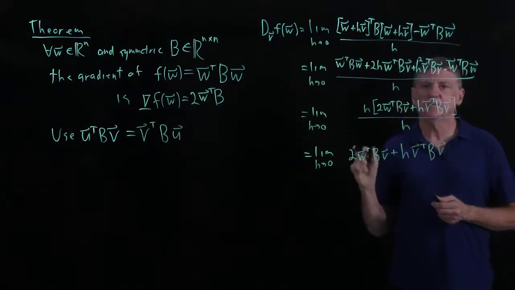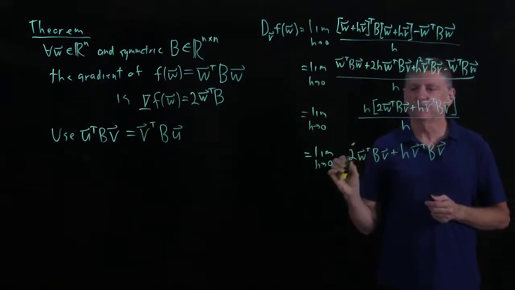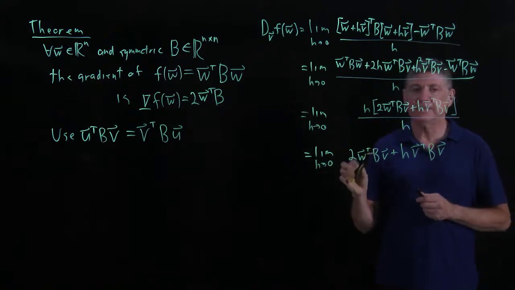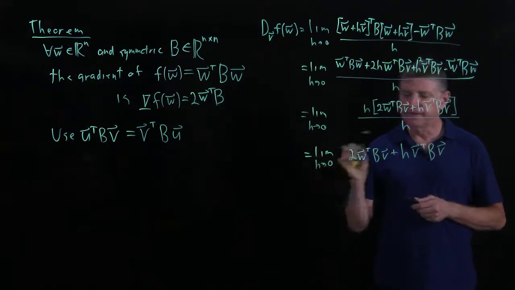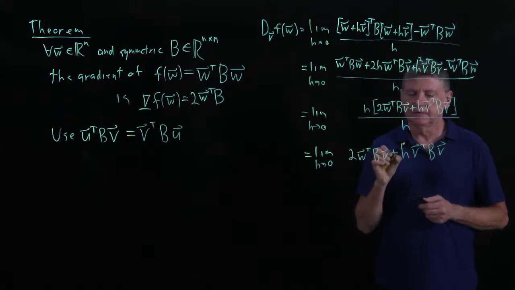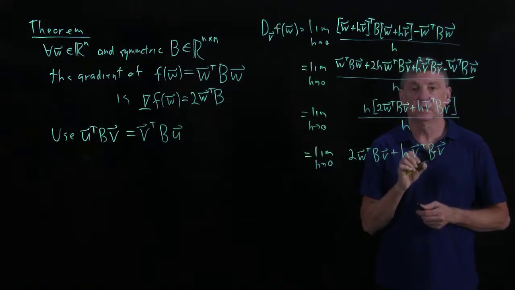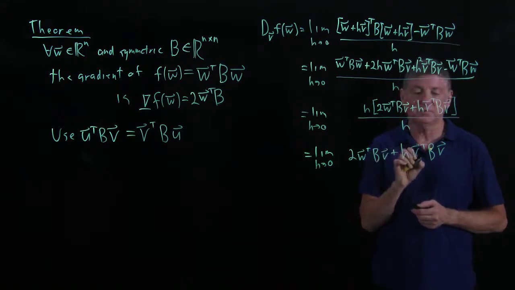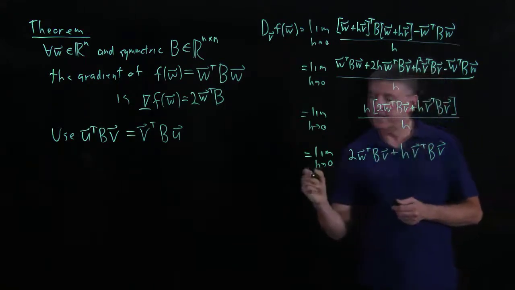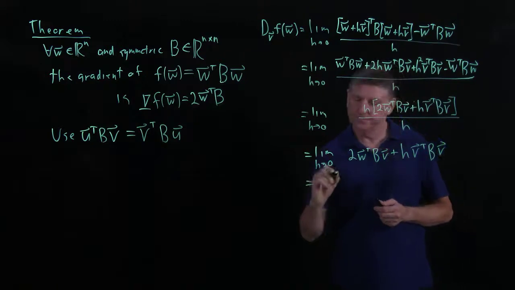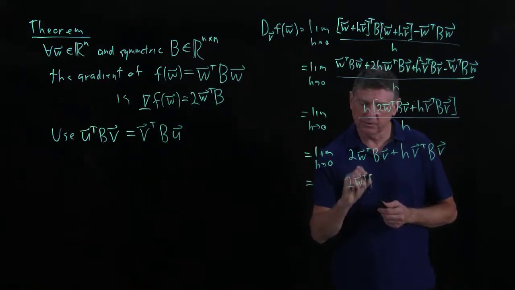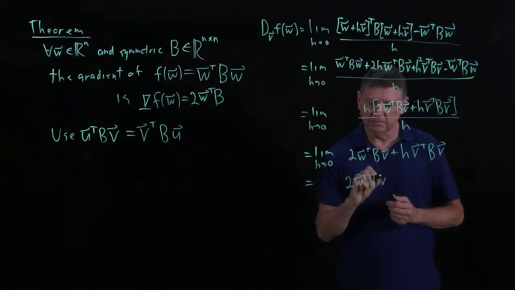And now we have to remember a simple fact about limits, and that is the limit of something that doesn't have h is that thing, and the limit of h times something, unless there's a division involved, which there isn't, is 0. So that simply equals 2 times w transpose b times v.